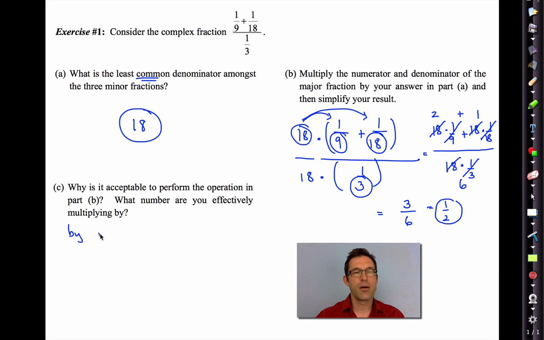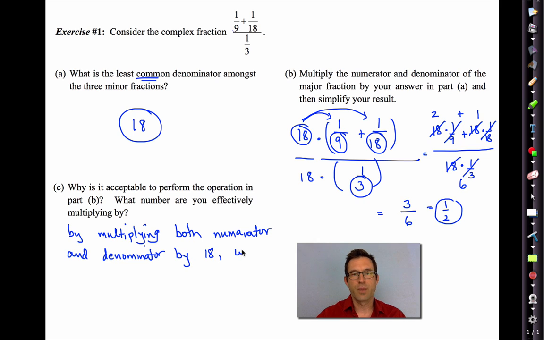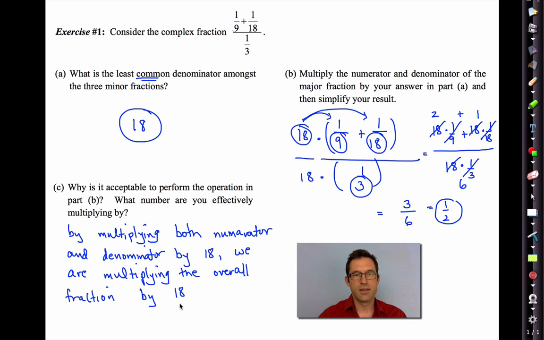Well, by multiplying both numerator and denominator, or top and bottom, by 18, we are multiplying the overall fraction by 18 divided by 18, which equals 1.